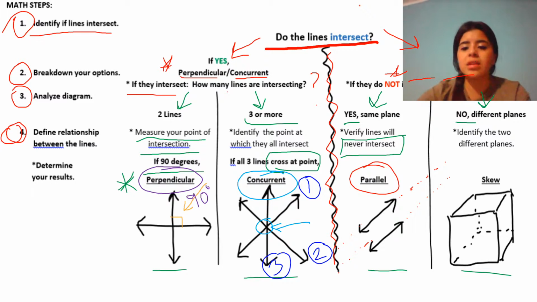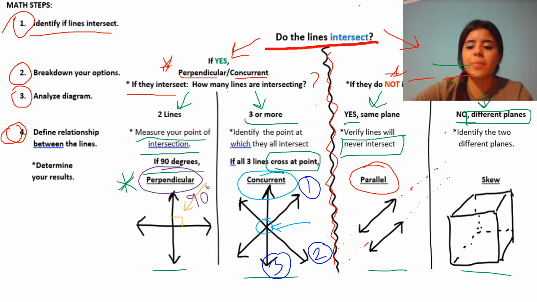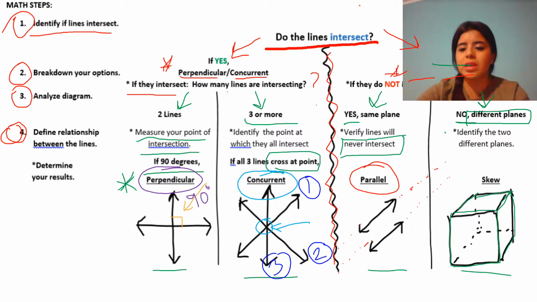Okay, and last, if our lines do not intersect and are on different planes, meaning, for example, on this face of the square, it would be either on this face or on this face. Every face of that cube is a different plane, like we discussed.